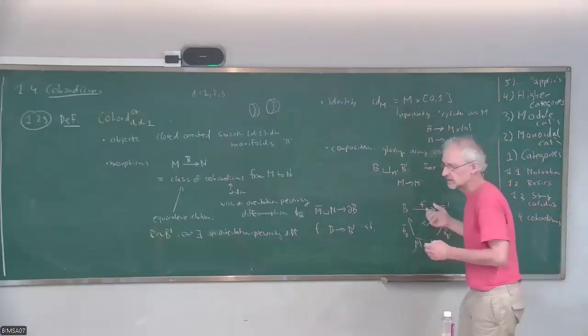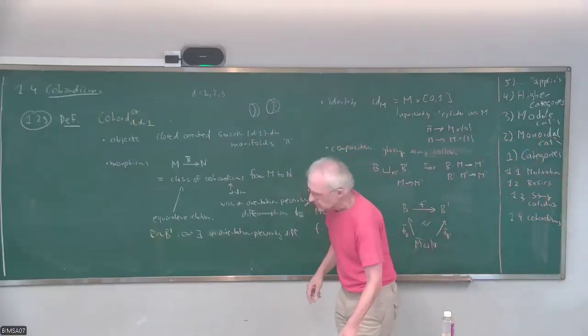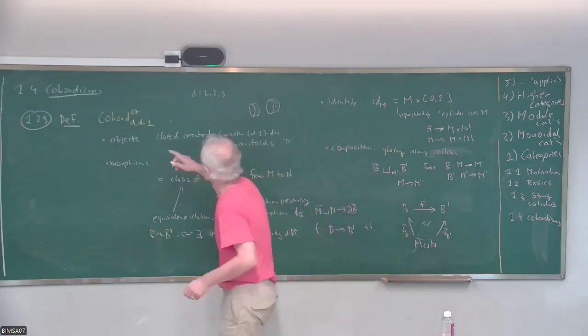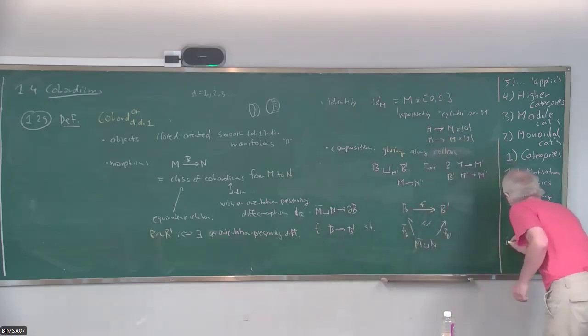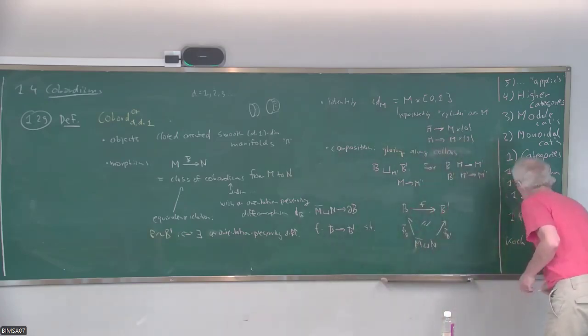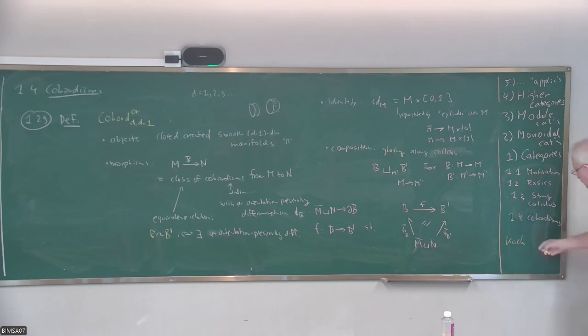And in the two-dimensional case, so Cob(2,1), this is described in much detail in the book by Kock, which is called Frobenius Algebras and 2D Topological Quantum Field Theories.